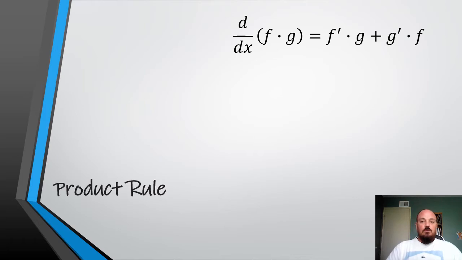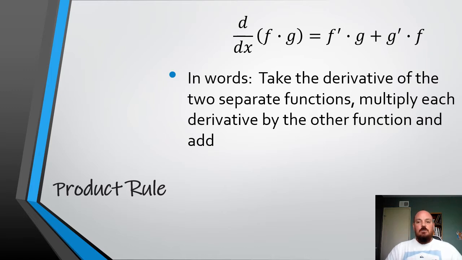So here's what the product rule looks like. We say the derivative of, and I'm going to call the functions f and g. I took the of x's out just to make it look a little simpler. We have the derivative of f times g, that's our product. And it is f prime, the derivative of f, times g, the original function g, plus g prime times f. So in words, you do end up taking the derivative of f and g separately, but that's not just your answer.